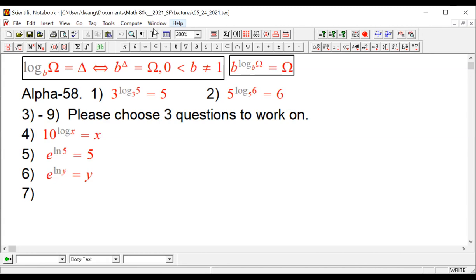Number 7 is e raised to the power of ln of root 3. And the answer is square root of 3.